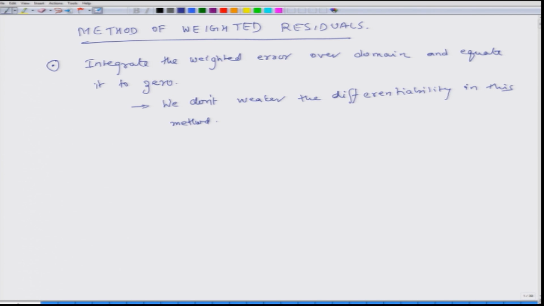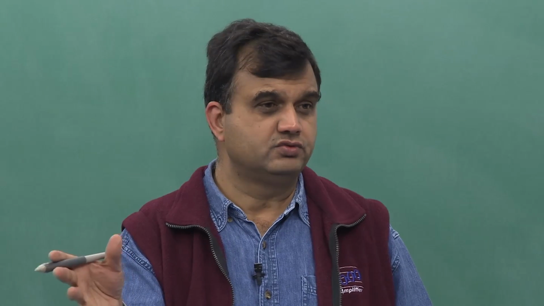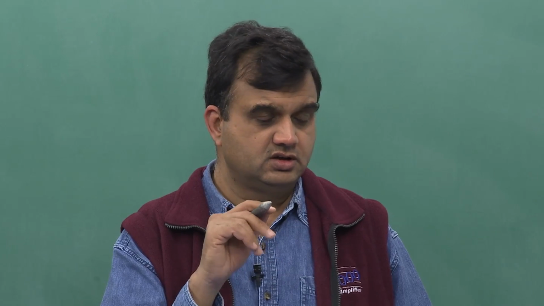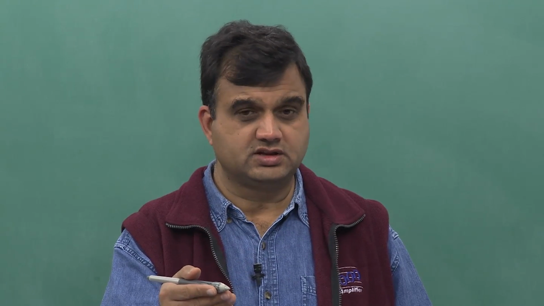What this directly means is that in the Rayleigh-Ritz approach, because we have a weakened differentiability, when we shift the differential operator from u, which is the dependent variable, to w, which is the weight function, then some boundary terms come in this process.